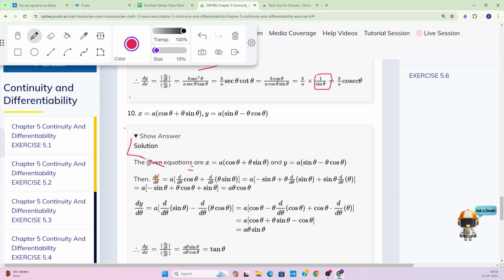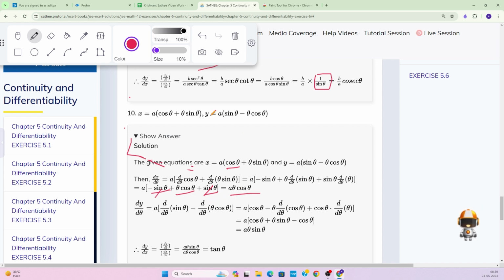Now dx by d theta can be directly evaluated as a (minus sine theta plus sine theta plus theta cos theta). As you can see, minus theta sine theta plus theta cos theta. Directly you can write them. Sine and sine will be cancelled, and you are only left with a theta cos theta. So your dx by d theta will be this.